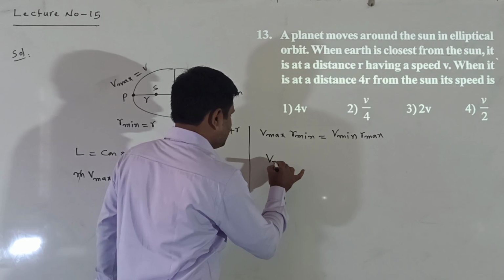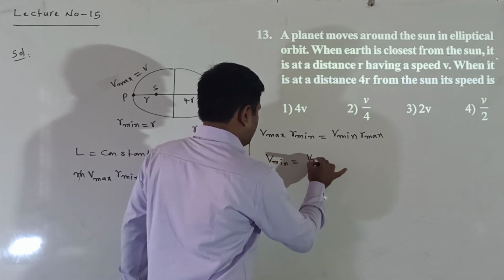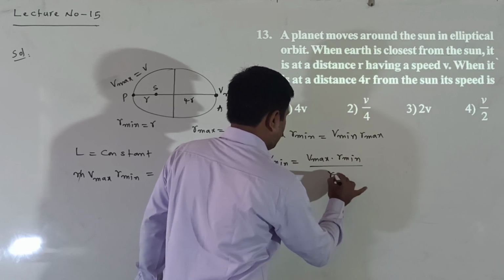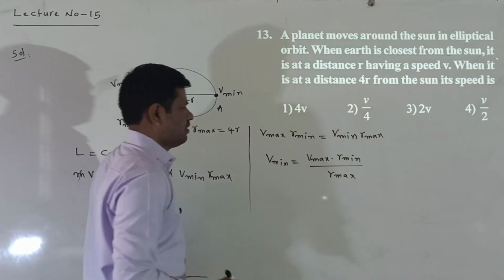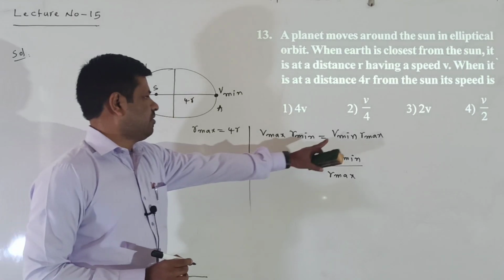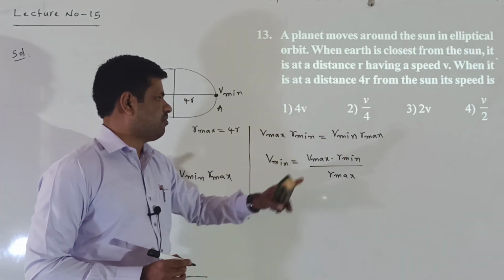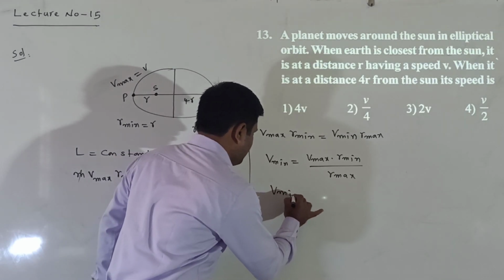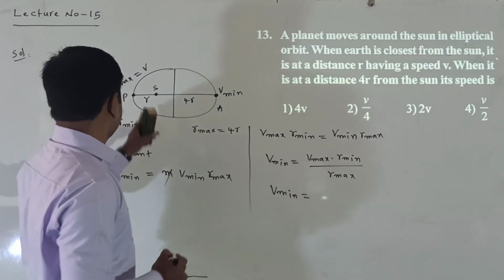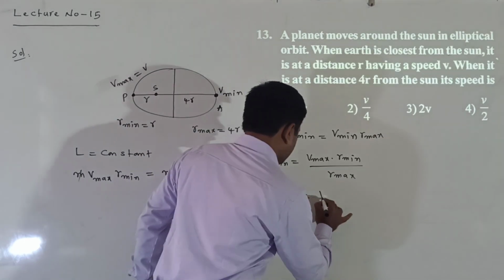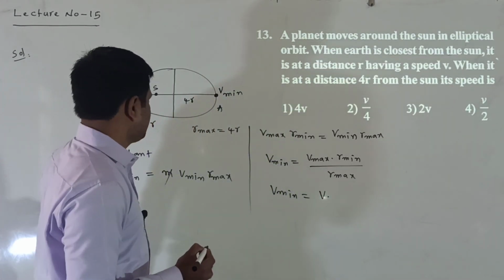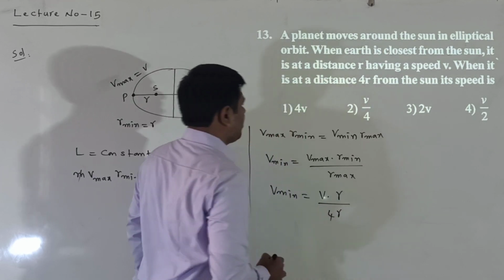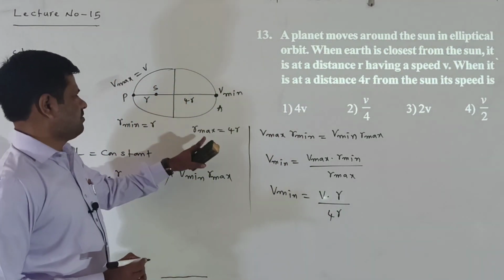So V minimum is equal to V maximum into R minimum by R maximum. Clear? V maximum is given, V. R minimum is equal to r. R maximum is equal to 4r.